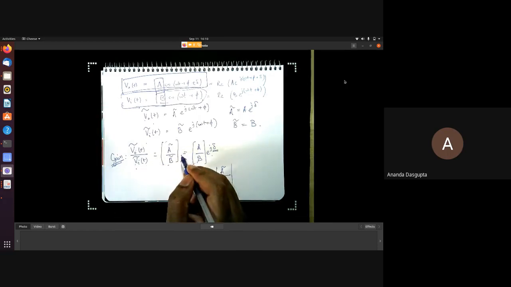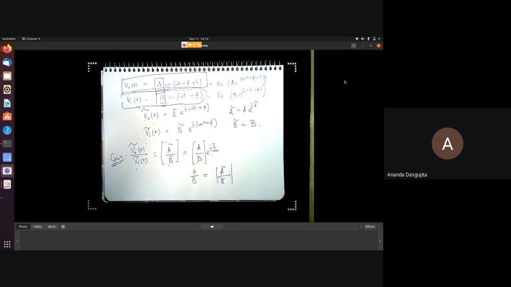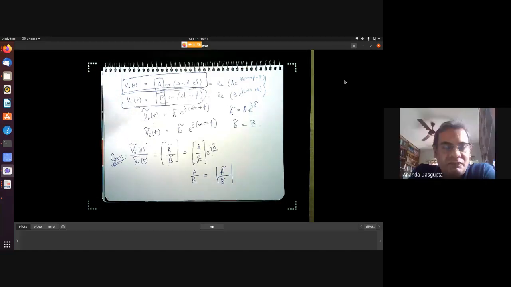the ratio that you get is a constant complex number, a time independent complex number, which in itself has both the pieces of information. It has information about the magnitude and the phase, and the magnitude ratio A tilde by B tilde is actually what we call the gain. The gain is simply the maximum value of the output by the maximum value of the input, right? That's of course how you define the gain.